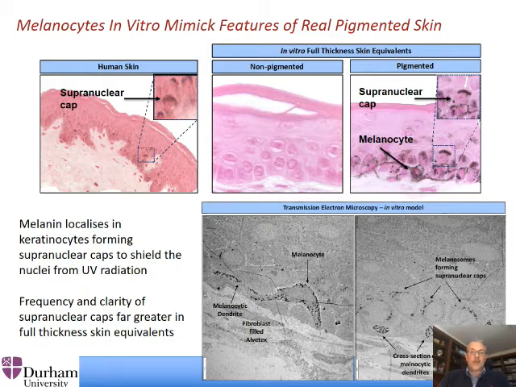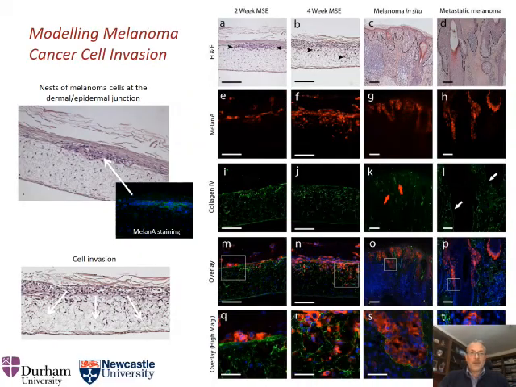So the model also provides, therefore, a useful system to study the cell biology and the process by which that happens. We can also take the technology and in our skin model deliberately seed into it melanoma cells.